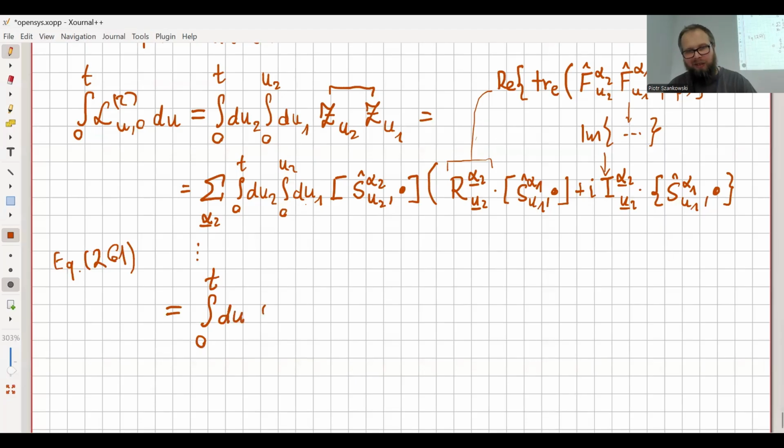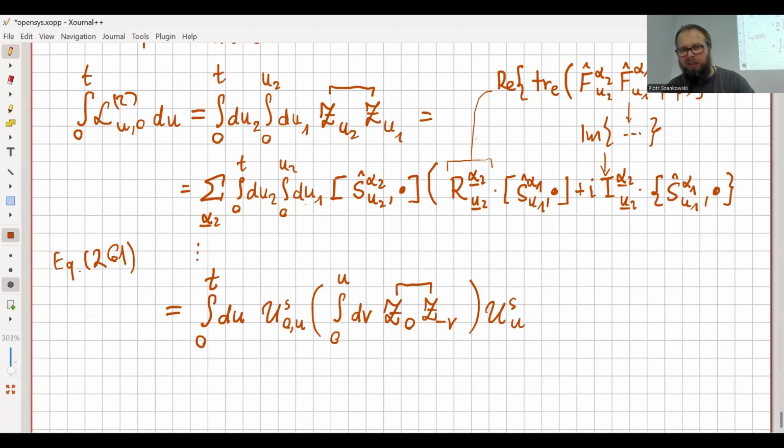Then you have a superoperator S_0u that acts on an integral over v, where we have our cumulant, which is 0 minus v contraction, and it is sandwiched in between S.